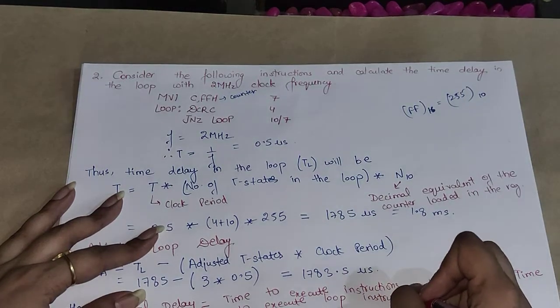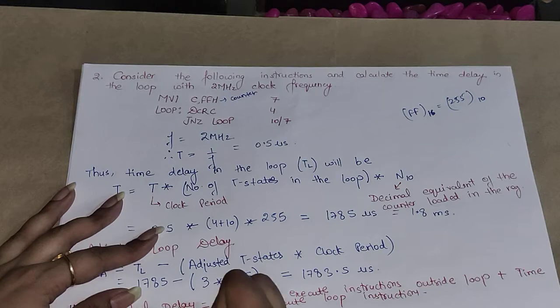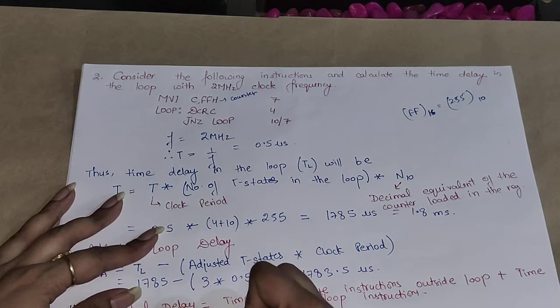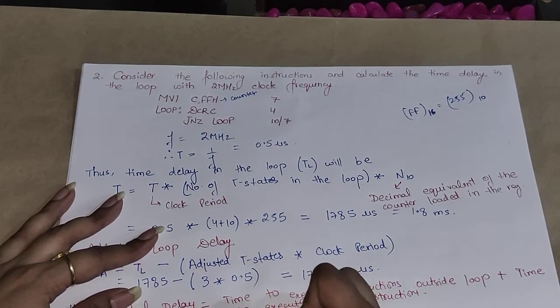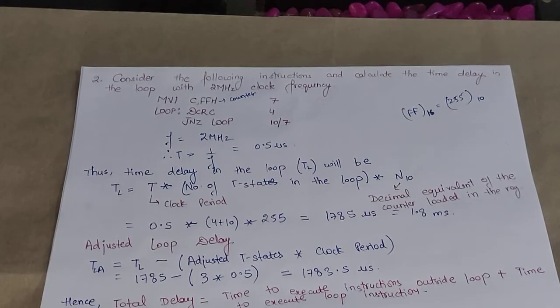That means TD is equivalent to TO plus TLA: time outside the loop and time to execute the loop instructions.